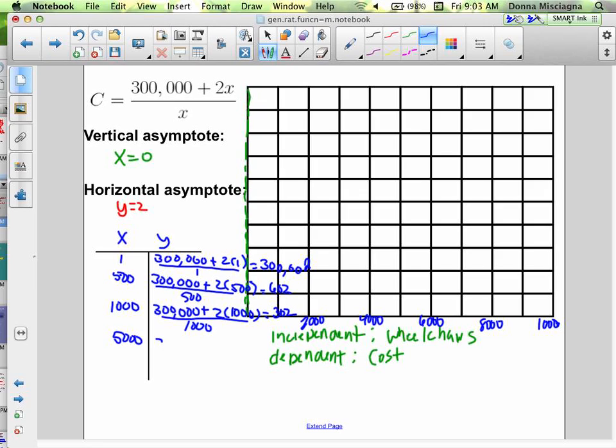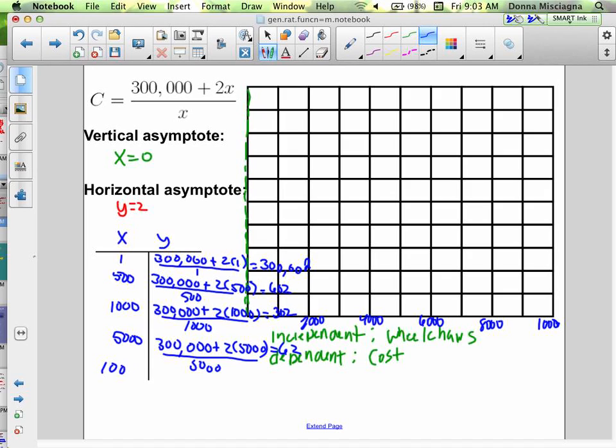All right, so then we have 300,000 plus 2 times 5,000, divided by 5,000. So that's going to be 310,000 divided by 5,000. Can you divide 310,000 by 5,000? 62. $62.